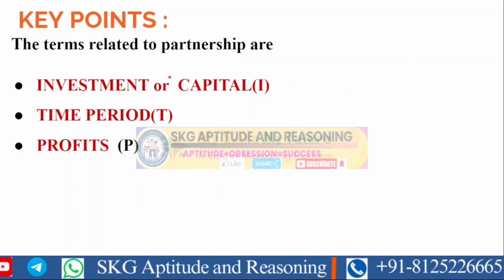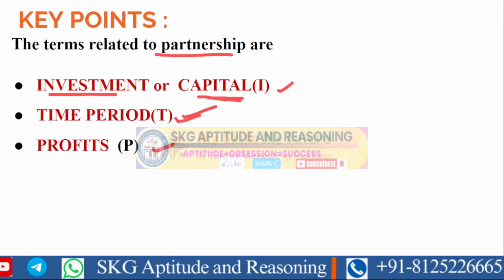The key terms related to partnership are investment, sometimes called capital, the time period, and the profit. Suppose persons invest some amount or capital in the business for a certain time period. After the time period, the persons will receive either profits or losses.